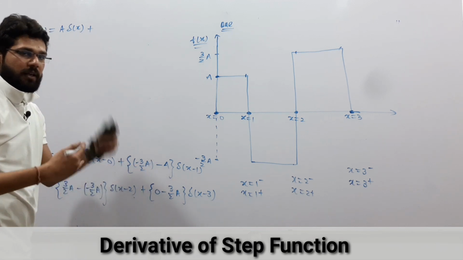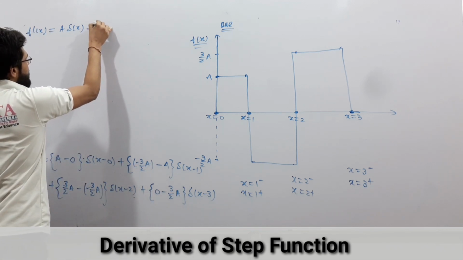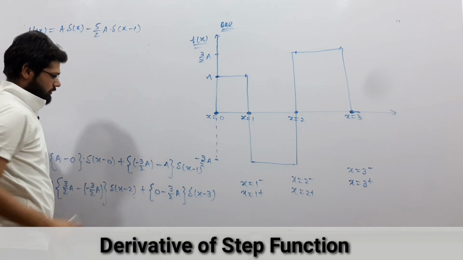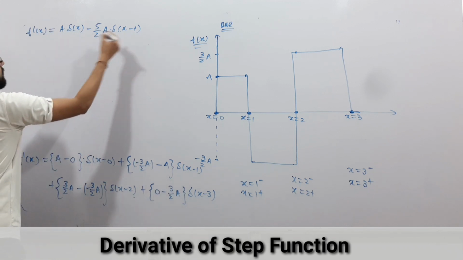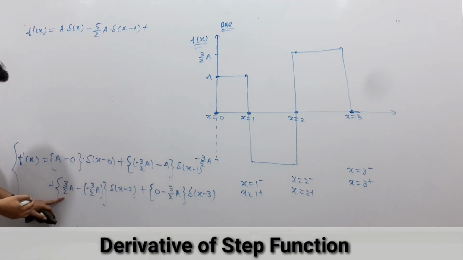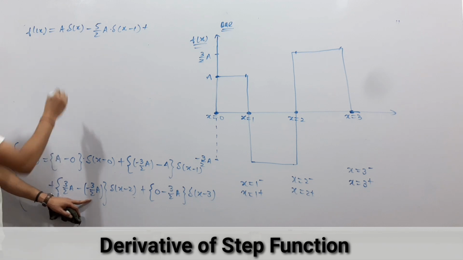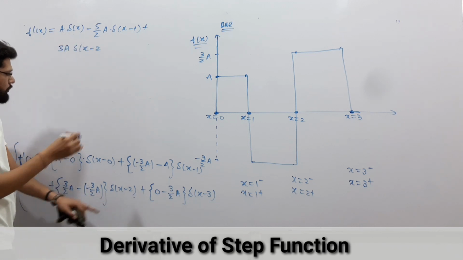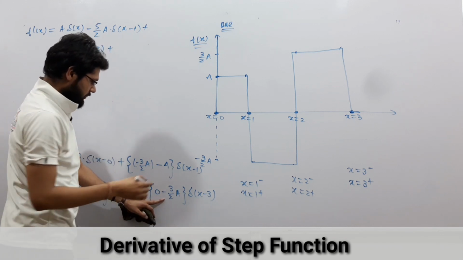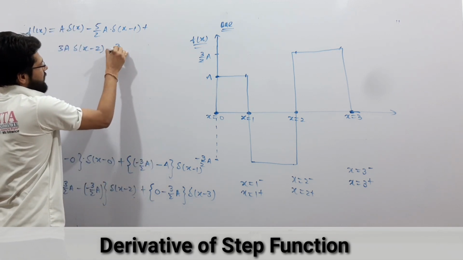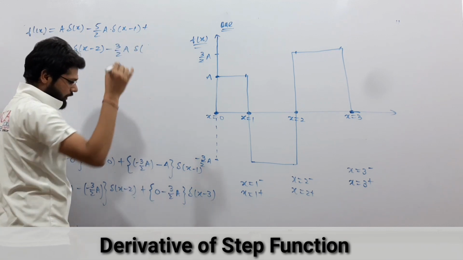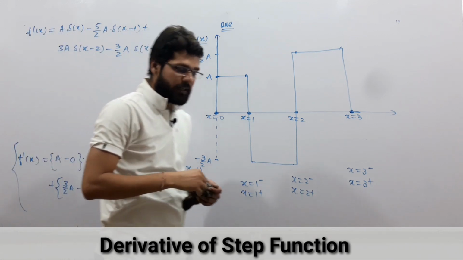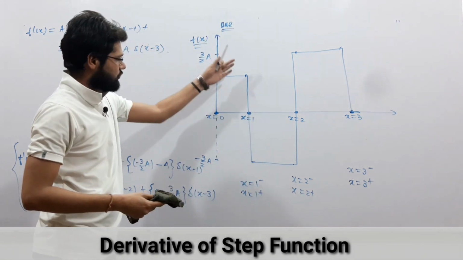This will be minus 5 by 2 a, minus 5 by 2 a delta of x minus 1, and plus, here it will be 3 by 2 a plus 3 by 2 a, 3a, and delta x minus 2, plus, this is minus 3 by 2 a, so minus 3 by 2 a delta of x minus 3. So this is the derivative of the step function shown here.